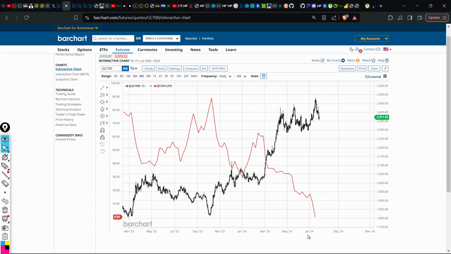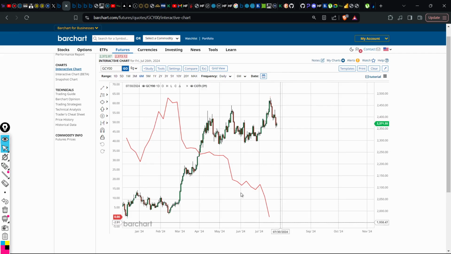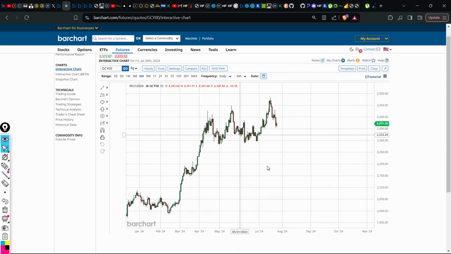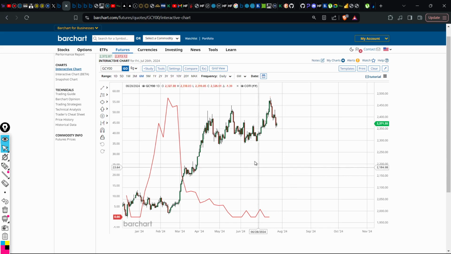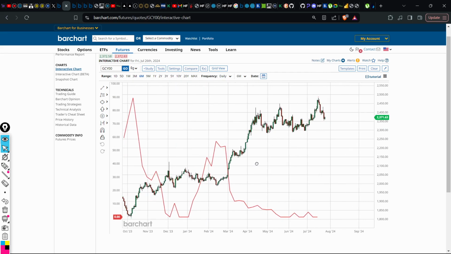And if you now go a bit lower, on a 1 year basis, apply 1 year, essentially now you can see the fluctuations are a bit clearer, since it's showing a range of 1 year of how these guys are positioning themselves.